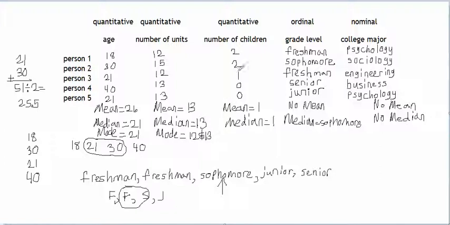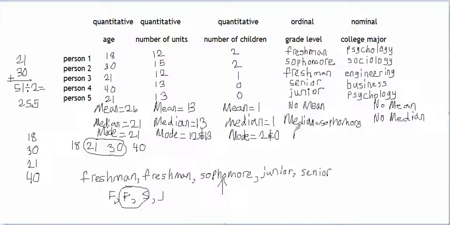In this column, the mode is 2. No, wait. 2 shows up 2 times, and 0 shows up 2 times. So we have 2 modes. The modes are 2 and 0. In this column of data, freshman shows up twice, and all of the other grade levels only show up once.